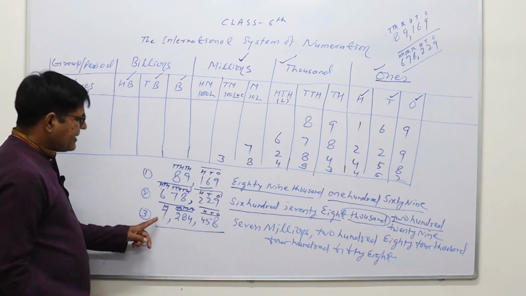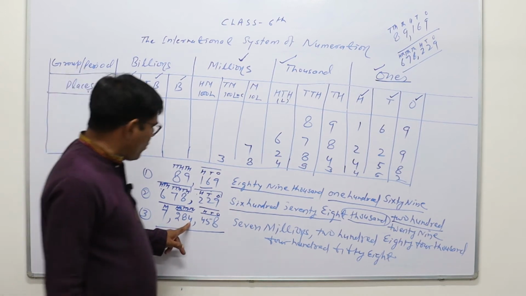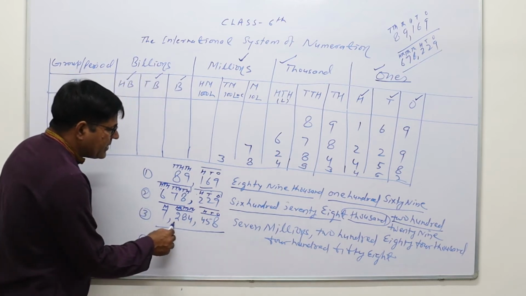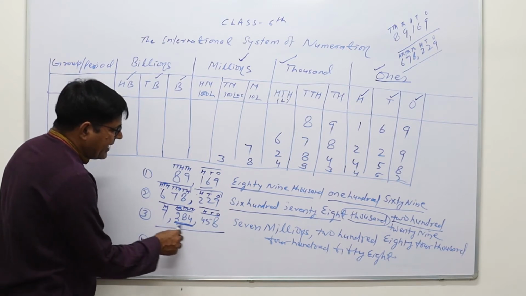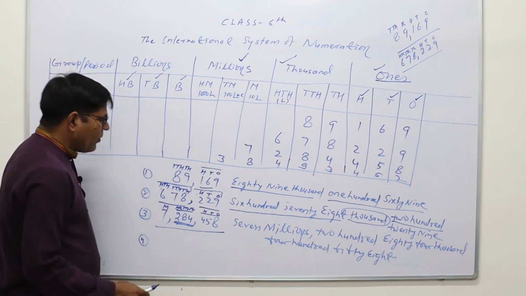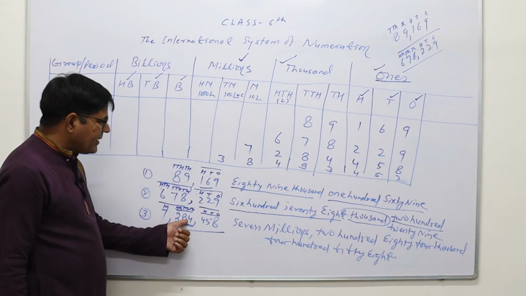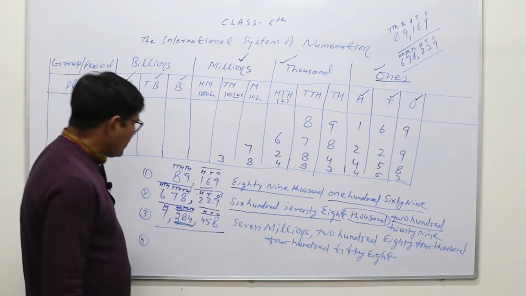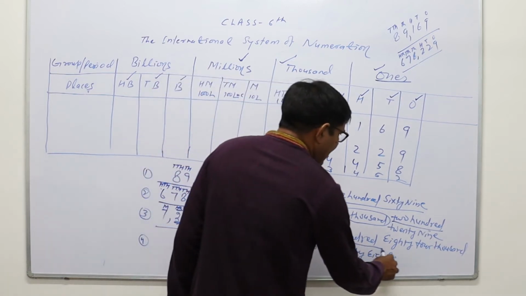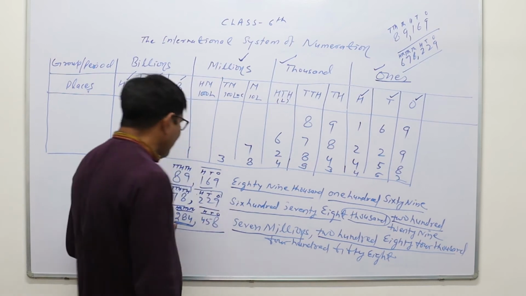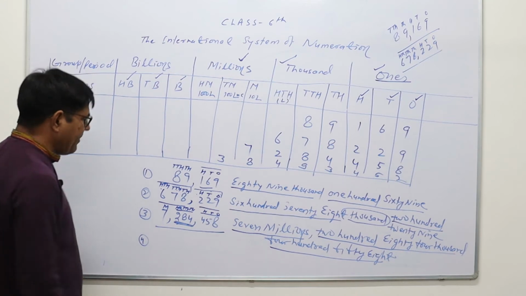So this is 7,284,000, because these 3 digits belong to the 1000 group. So 7,284,000, 284,458. So it will be read out as 7,284,458.